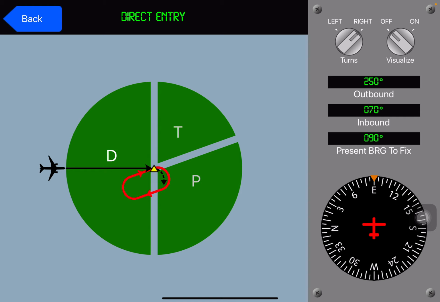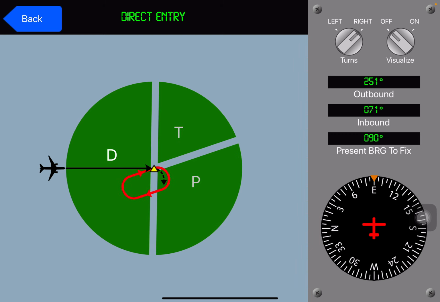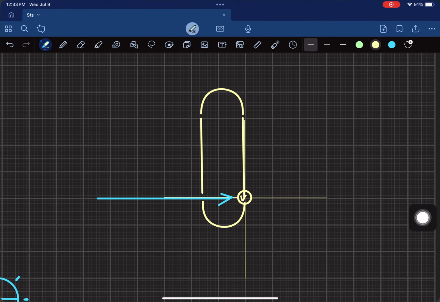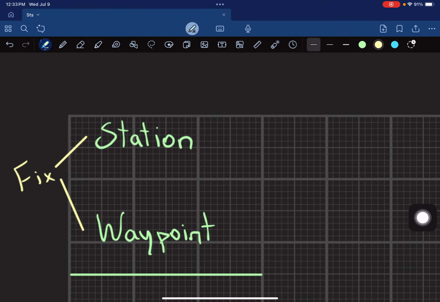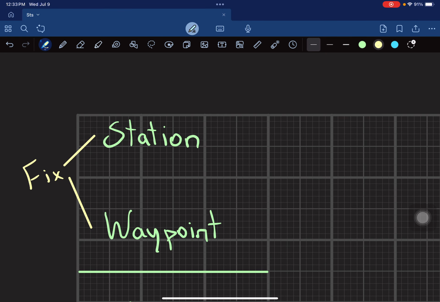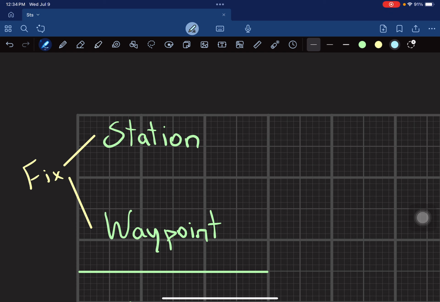Now, the word fix, depicted in this diagram as the yellow triangle in the center, corresponds to whatever point in space, which can be defined by either a station or a waypoint. Back in the day, we used to navigate by the use of NDBs, non-directional beacons.